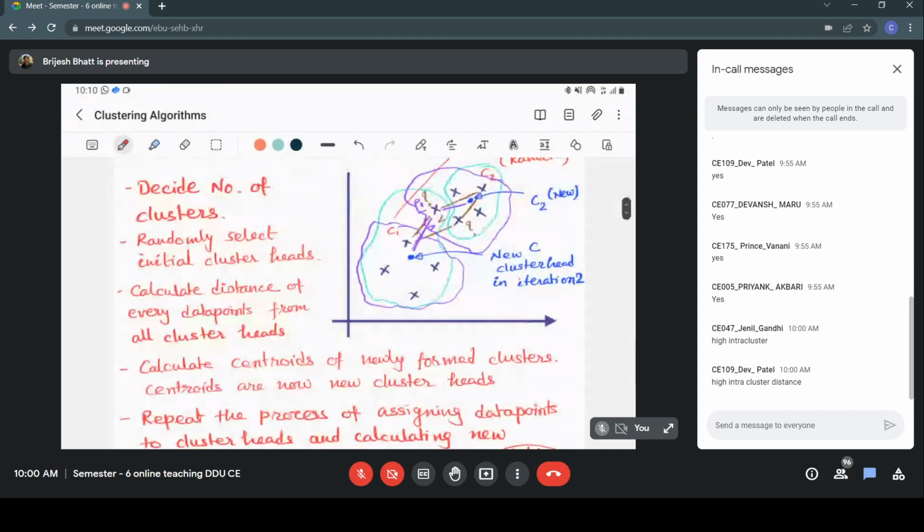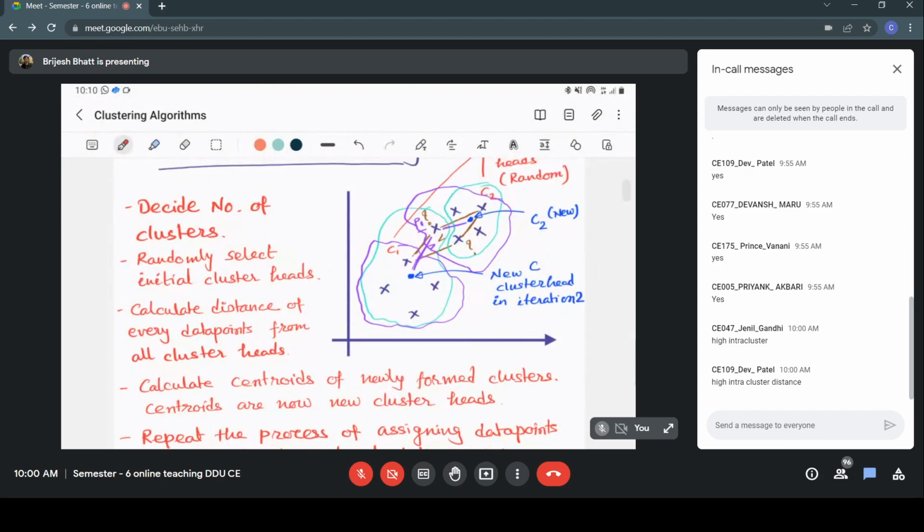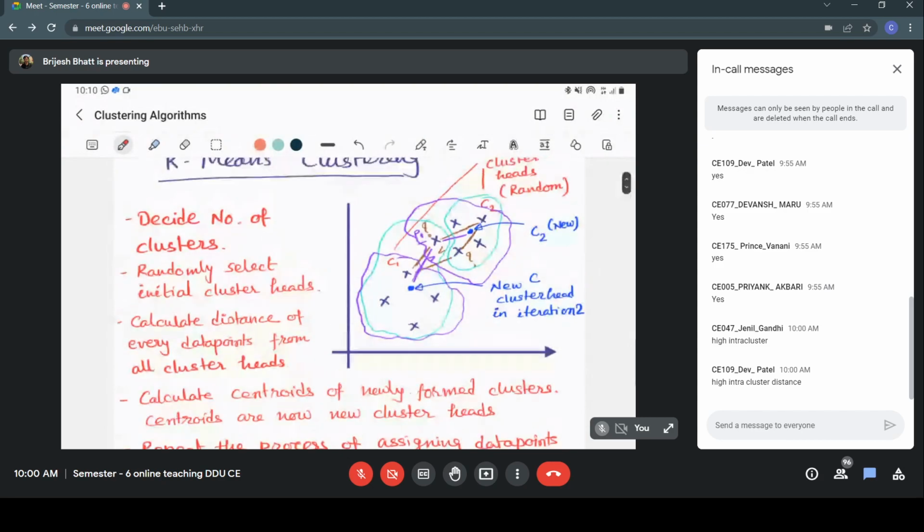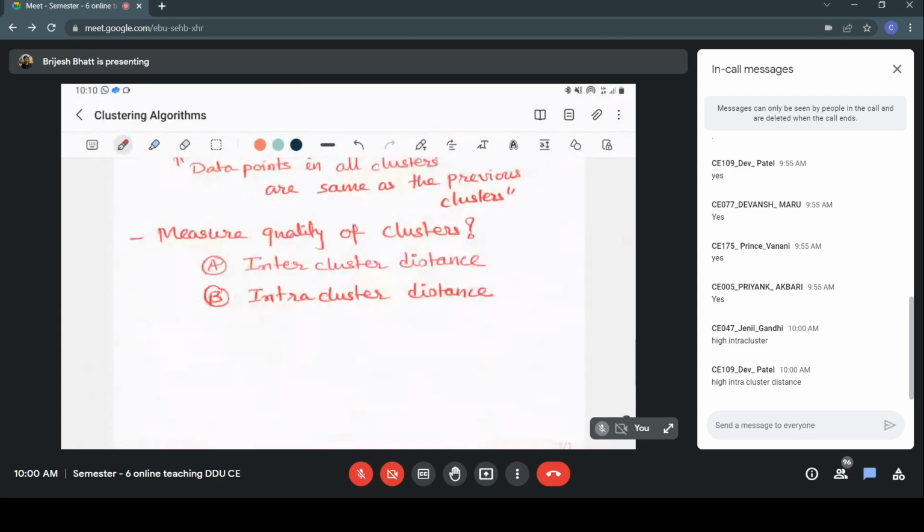For example, here in the first iteration, C1 and C2 were crossing each other's area. In the second iteration, the separation is better. So yes, high intra-cluster distance and low inter-cluster distance.